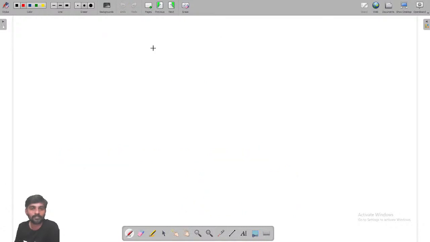So, in the next step, we'll write this is equal to minus e square by 4 pi epsilon naught into r plus e square by 8 pi epsilon naught into r. So, what will be remaining, sir?